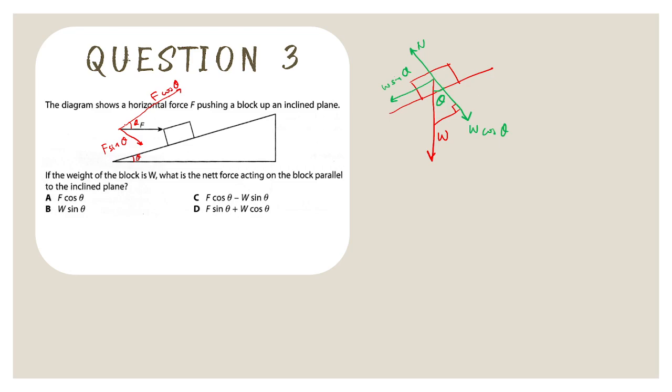So what will be the net force? Okay, the net force, you can see that will be these two forces. That is W sin theta, that is pushing downwards by the block, and F cos theta, that is the one that's pushing upwards.